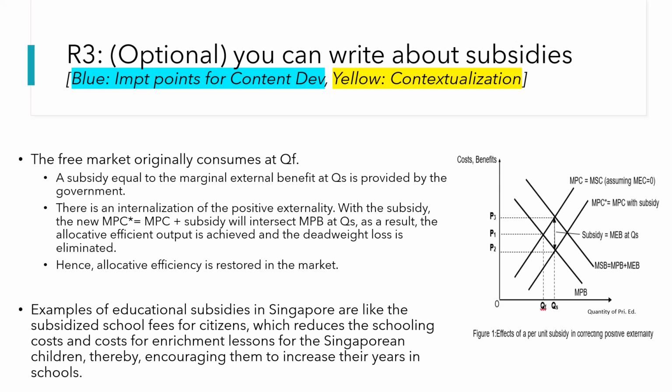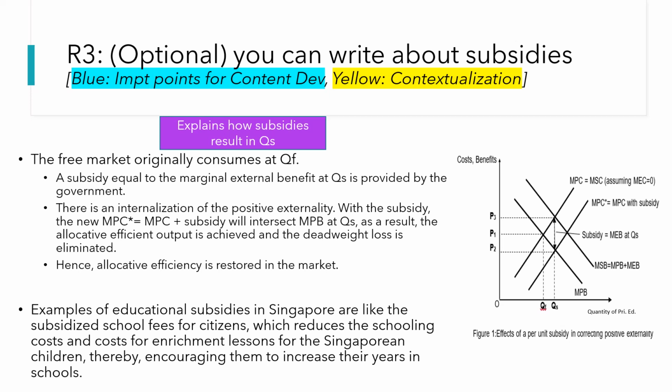Take note here, we are again showing how the MPC shifts and that there is a subsidy equivalent to the MEB, and we show how QS is achieved in the market. So your MPC star will intersect MPB at QS, and in this case, QS is achieved, allocative efficiency is restored in the market, and the deadweight loss is eliminated.